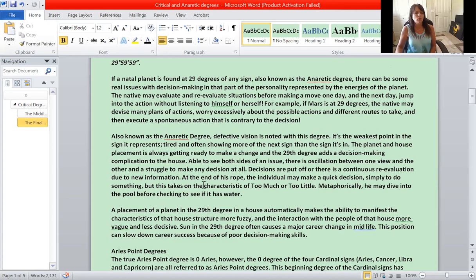The native may evaluate and reevaluate the situations before making a move one day, and the next day jump into action without listening to him or herself. For example, if Mars is at 29 degrees, the native may devise many plans of action, worry excessively about the possible actions and different routes to take, and then execute a spontaneous action that is contrary to the decision.